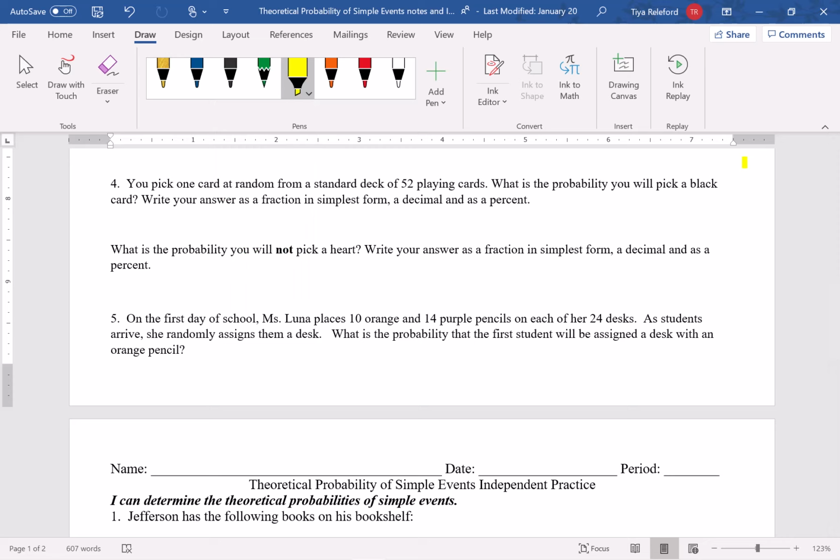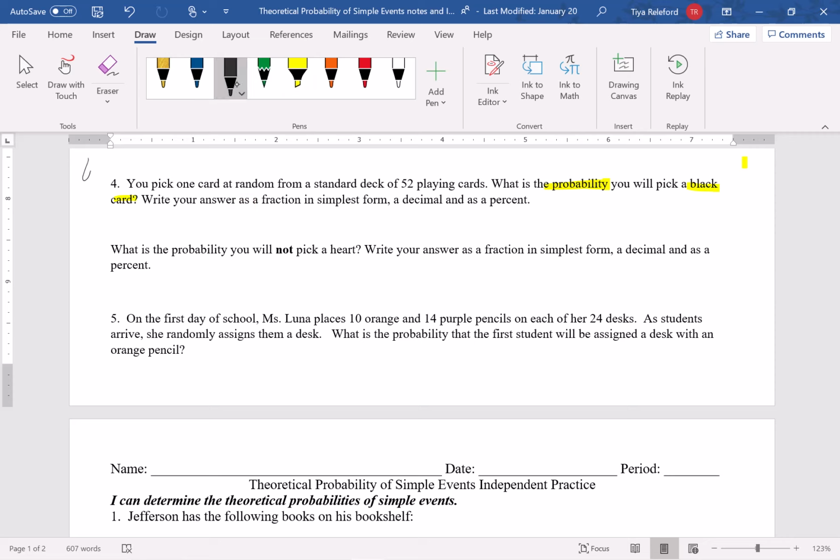Number 4 says you pick a card at random from a standard deck of 52 playing cards. What is the probability you will pick a black card? So you have red cards and black cards. So let's talk about a deck of cards.